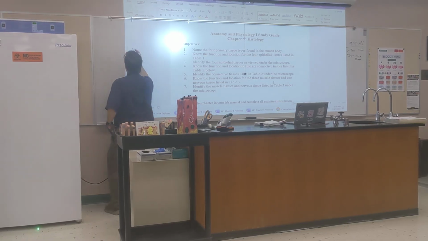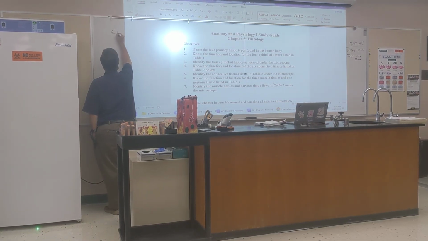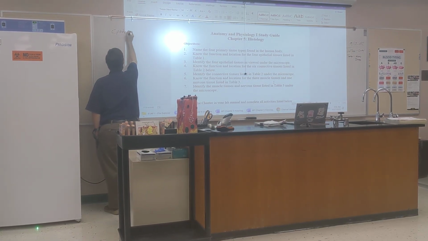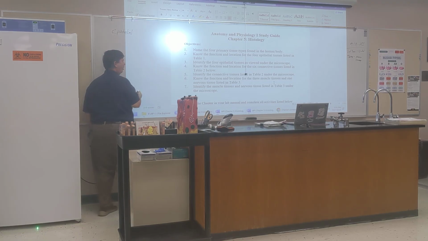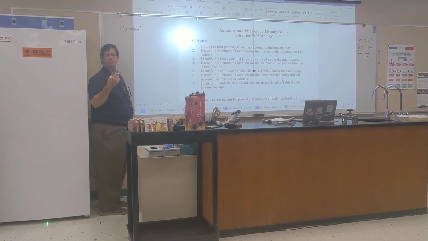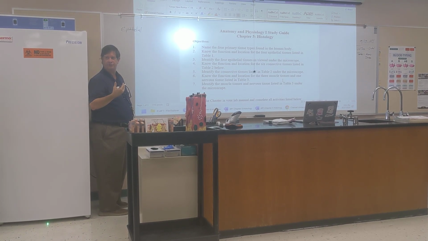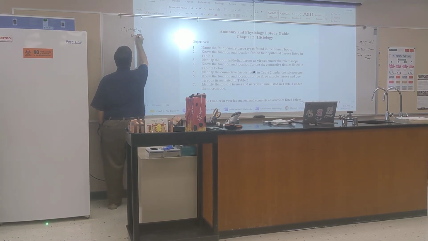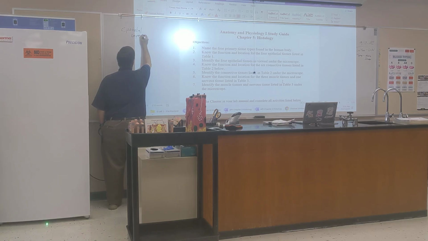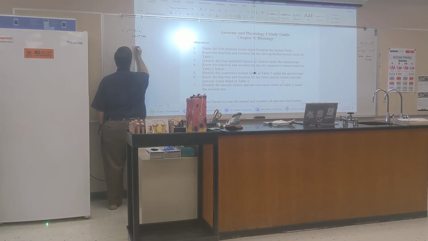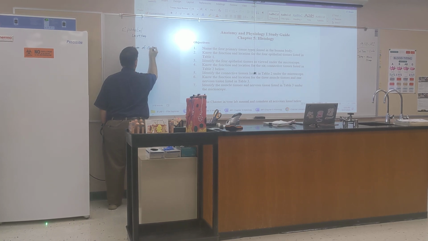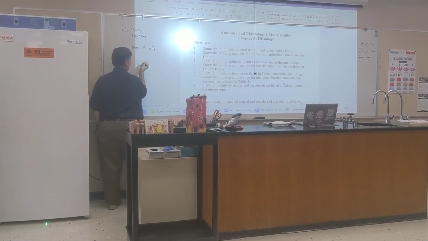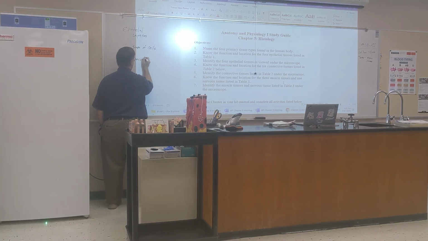So, if we're talking about epithelial, there are 3 things that we use when we're describing epithelial tissues. And they are, and I said this very briefly in lecture, the layering, the shape of the cells, and any specialization that those cells have.